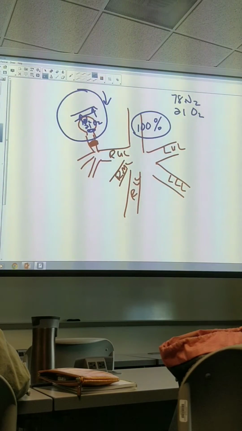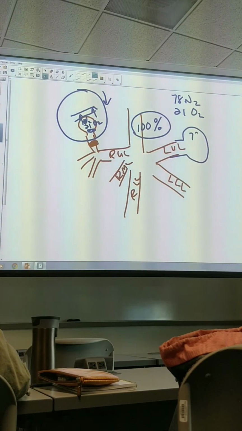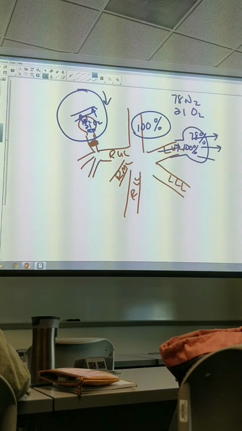If you give somebody 100% oxygen, what's going to happen to that 78% nitrogen? Is the nitrogen going to eventually be flushed out? Yes.